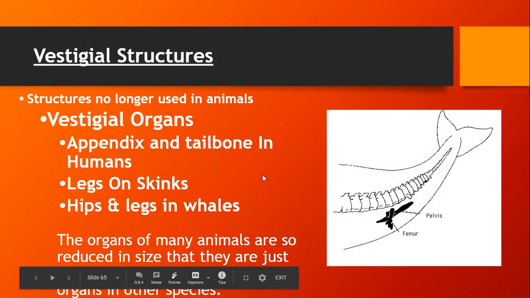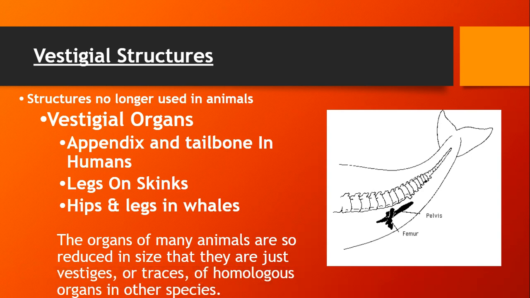Then we have vestigial structures. These are structures that are no longer used in animals. So they're there, but they don't really have a purpose, and we think that is evidence for evolution as well. So 2 examples in humans are the appendix. We don't know much about it. We don't think it does a whole lot. And it's just kind of there.